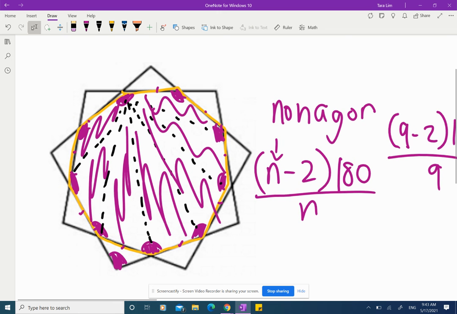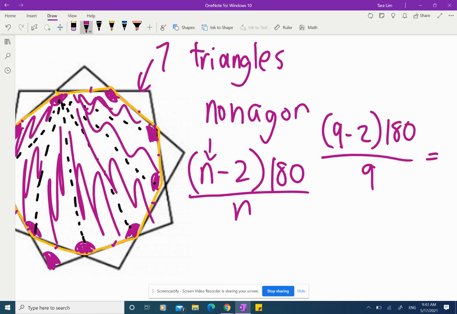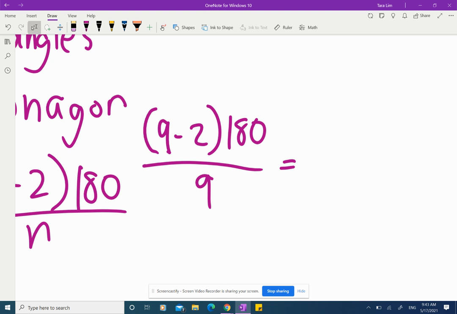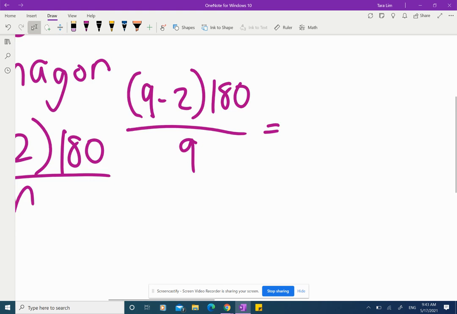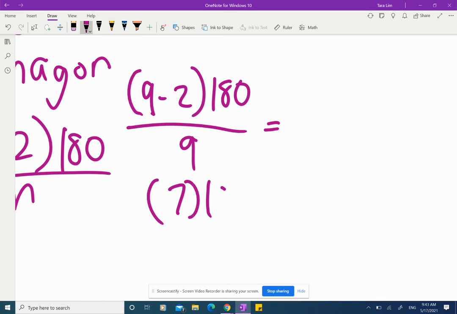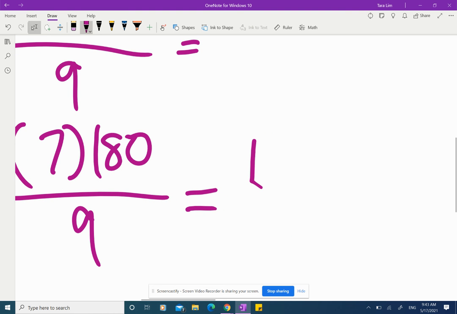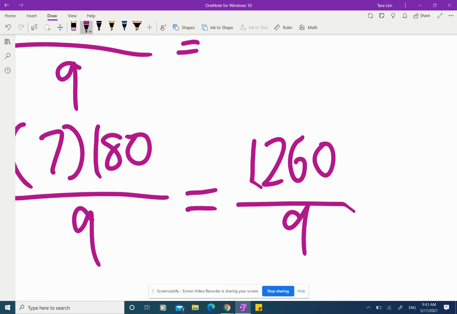Because here we counted that there are seven triangles, right? Now it's the same in this formula. 9 minus 2 is equal to 7, right? So we know that 7. Now we know that 7 times 180 divided by 9. Now 7 times 180 will give us a really big number, which is 1260 divided by 9.